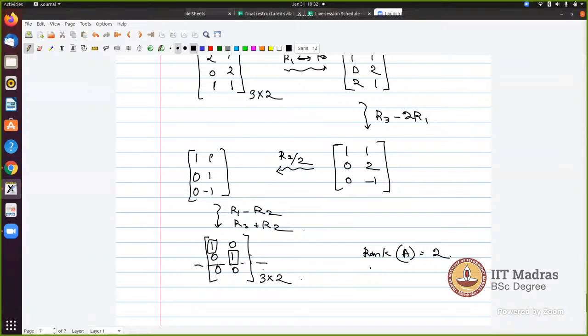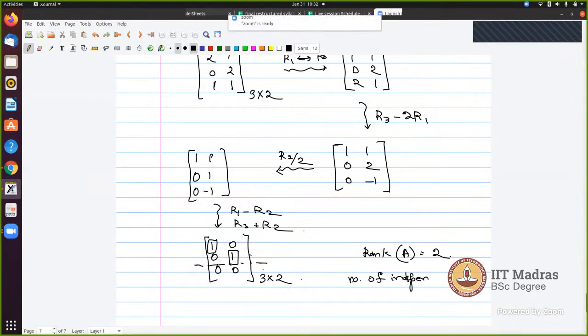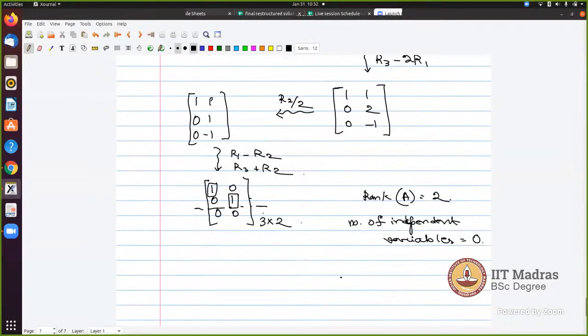There are no independent variables, correct? And this is your nullity, right? So rank is 2, nullity is 0, and 2 plus 0 is 2. Is it clear? Yes, sir. Okay, great. So this is another example where we can verify this Rank-Nullity theorem.